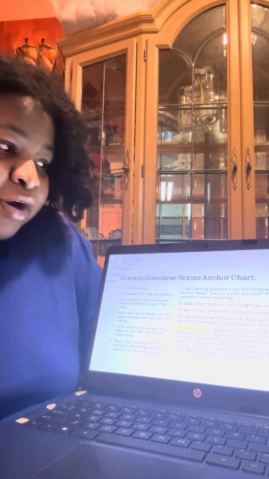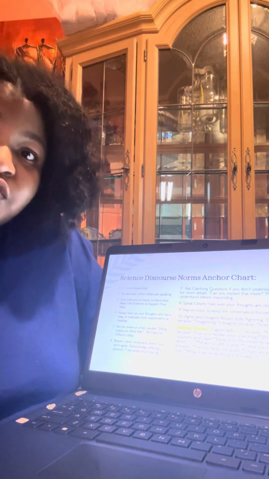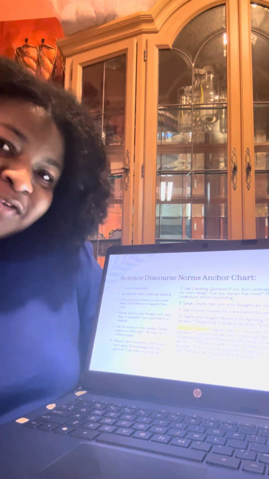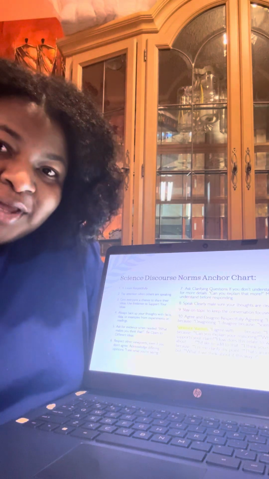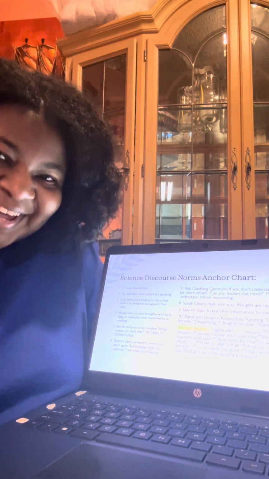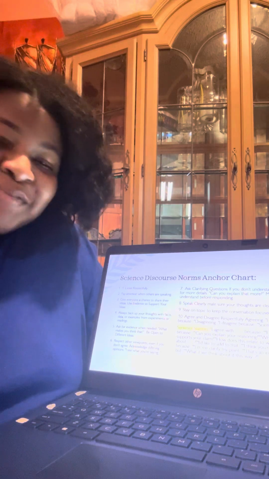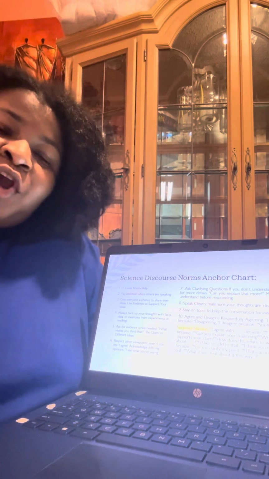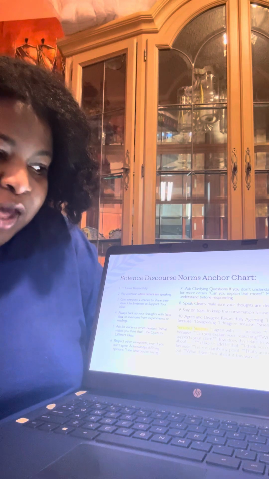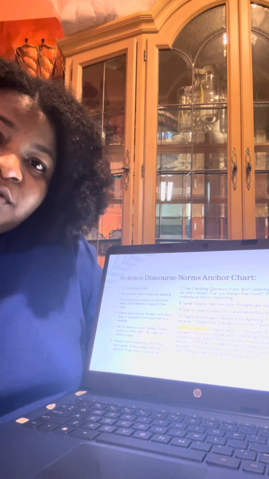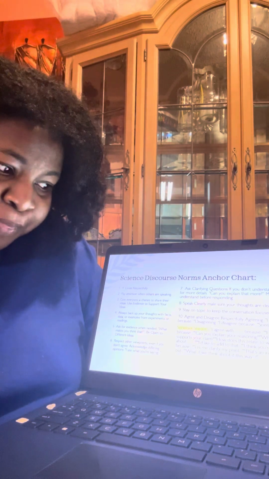If you're not clear, the class will not be able to understand what you're saying. And stay on topic. If you fall off topic, everyone's going to be totally confused, right? So it's okay, sometimes it happens, but because we are many scientists, we should learn how to stay on topic. And it's okay to agree to disagree, but we always have to be respectful.